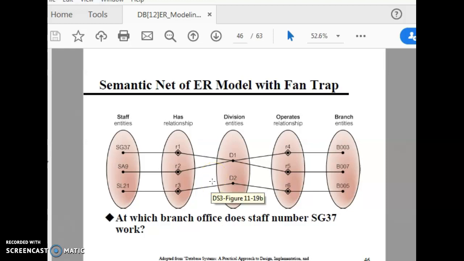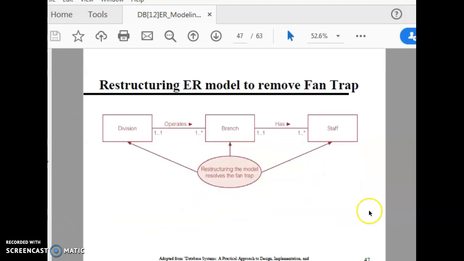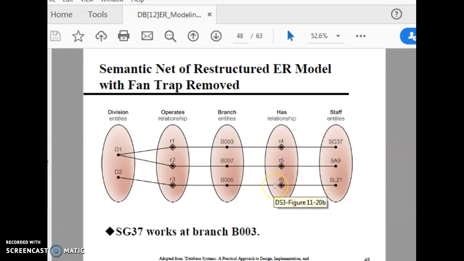So, we can solve this fan trap by restructuring the original ER model like this. You can see here we have shifted the division entity type first, then branch and then staff. And this is the semantic net of the changed ER diagram structure.